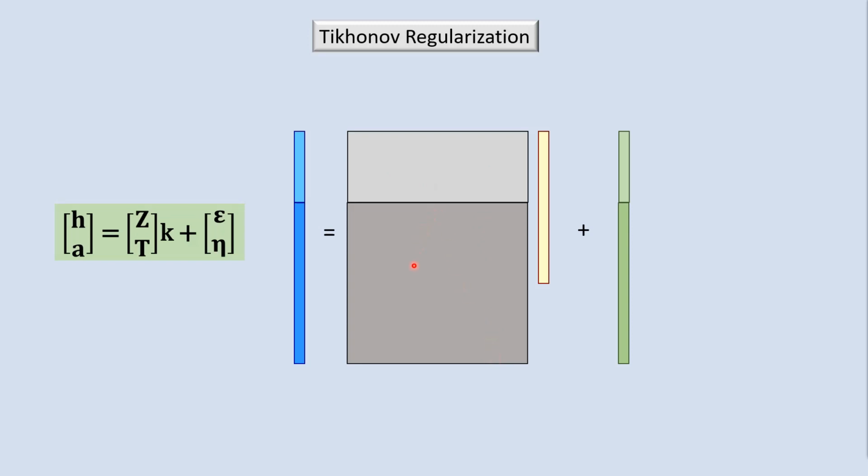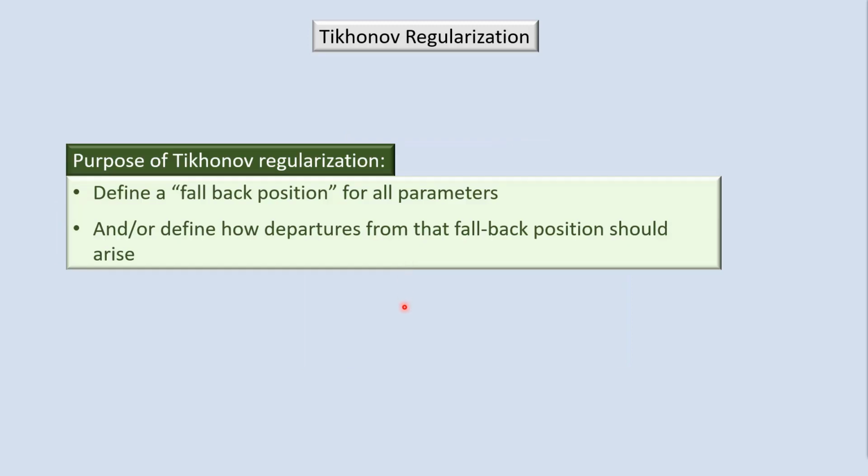So what this is doing now is providing a fallback position for all parameters.